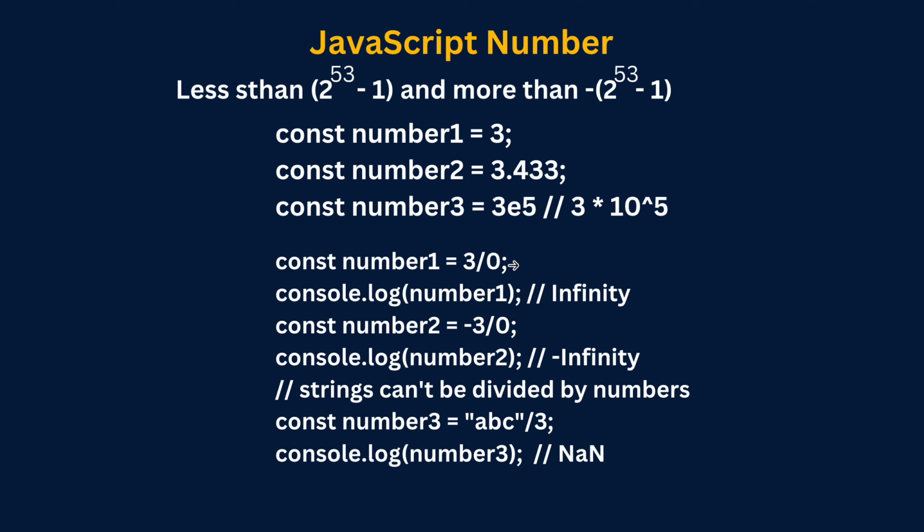Infinity. This is positive infinity, this is minus infinity. If you try dividing a string by a number, you will get not a number. Hope you are clear about this, also 3e5.